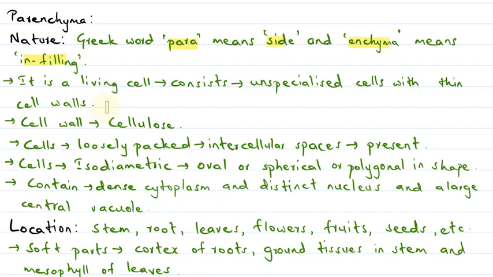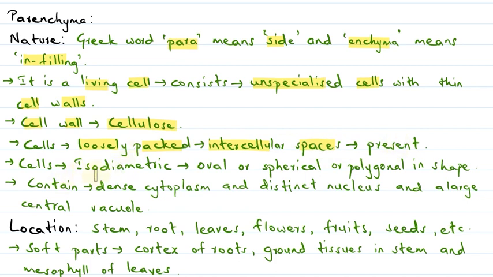The parenchyma tissue is a living tissue that consists of some unspecialized cells, and these cells have thin cell walls, and the cell wall is usually made up of cellulose, and the cells of parenchyma tissues are loosely packed with intercellular spaces. Okay, so the intercellular spaces are present as they are loosely packed.